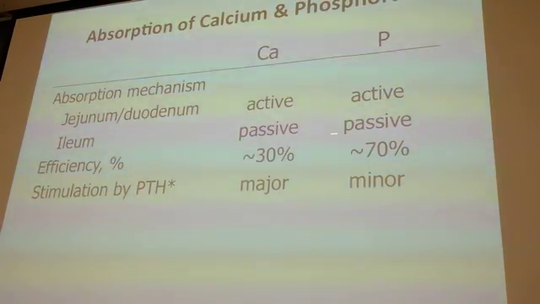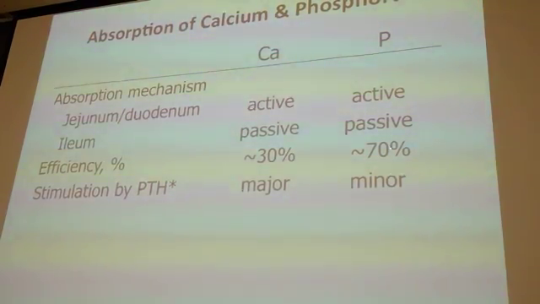And this usually only comes into play if you have high amounts of calcium and phosphorus in the diet, where they make it past the proximal intestine to this distal portion, and then they can be taken up by these passive mechanisms. So it's going to be concentration dependent. Okay, so low amounts in your diet, you're going to take it up mostly by active transport in the proximal intestine. At higher concentrations, there'll be a bigger contribution of this passive mechanism in the ileum.